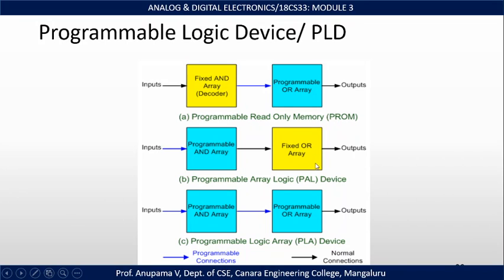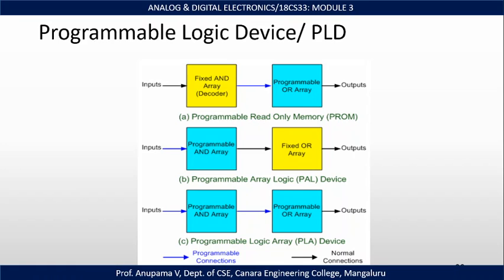Diagram B indicates the structure of programmable array logic, or PAL device. A PAL device has a programmable AND array and a fixed OR array. Diagram C indicates the structure of programmable logic array, or PLA device.